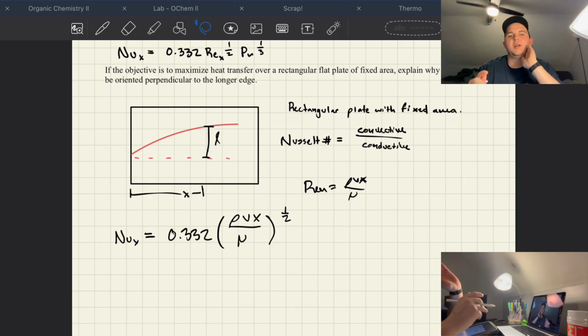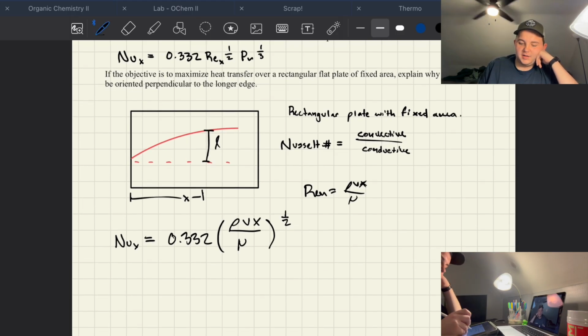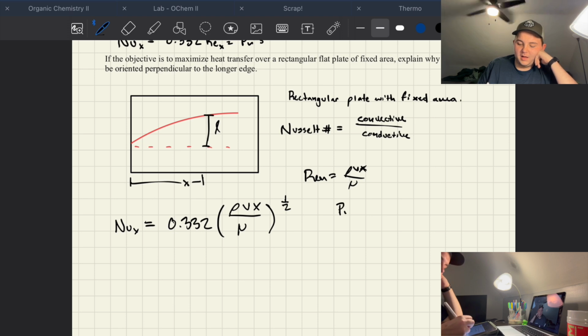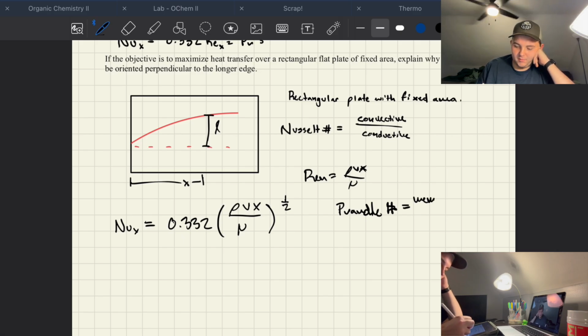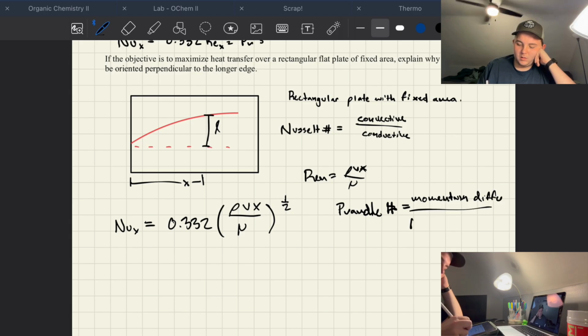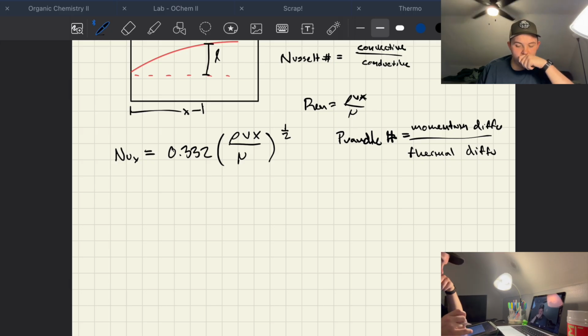Hold on, I gotta check something and I'll be right back. Okay, so sorry, I just had to check the Prandtl stuff quick. So our Prandtl number is going to be equal to our momentum diffusivity over our thermal diffusivity. I'm just going to put Pr number.